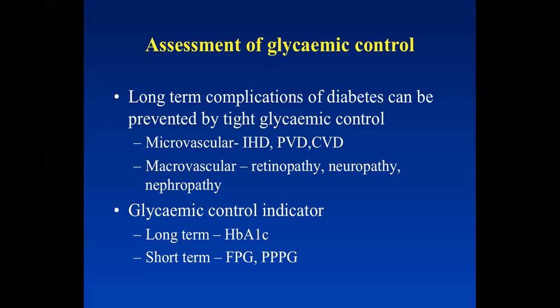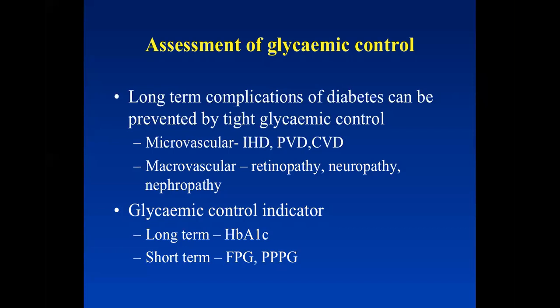So by measuring the glycated hemoglobin level, you can assess the patient's glycemic control or blood glucose level control over these 120 days, roughly we say 6 to 8 weeks. Okay, so that's not exactly 120 days.